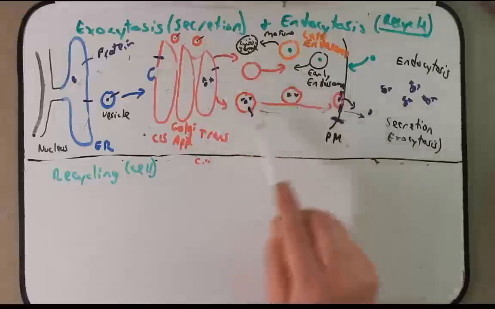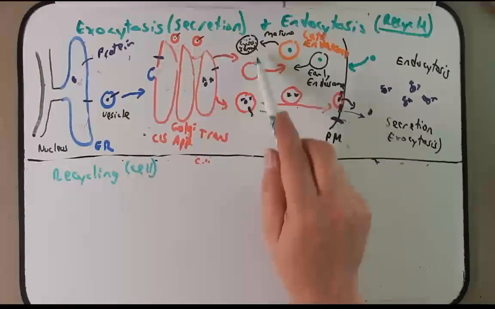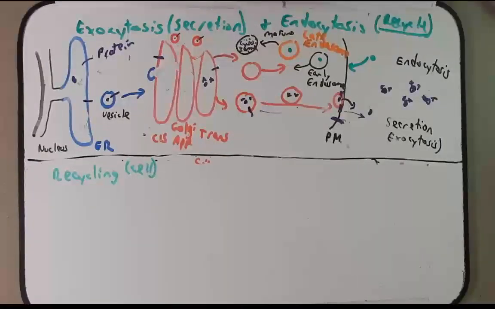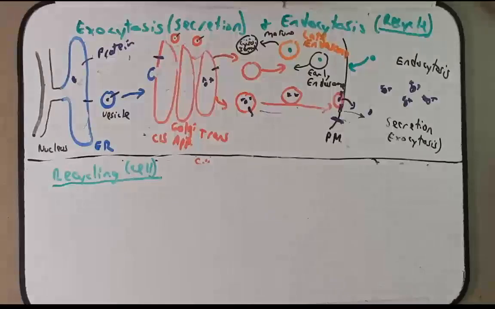Sometimes there are parts in this cell, could be organelles, that need to be degraded, and so they will also go to the lysosome to be degraded, so that the parts that are being degraded can be reused. In many ways, our cells are incredibly useful at recycling material.